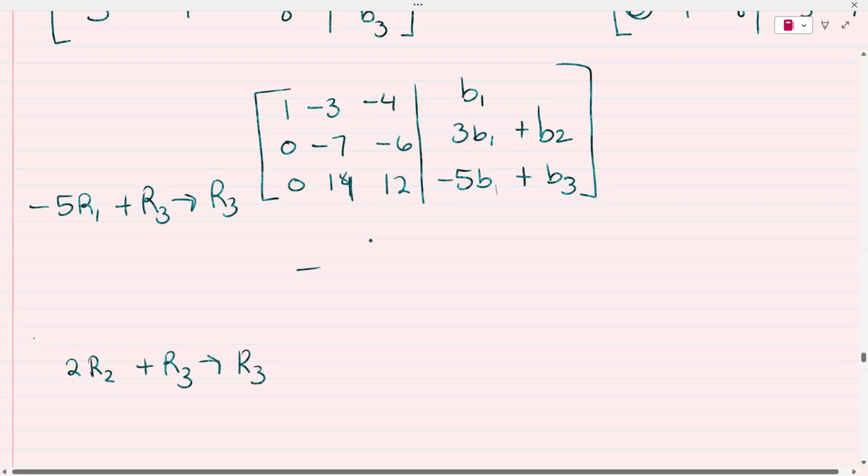When you do all that, you get 0, 0, 0, straight line, and then you get B1 plus 2B2 plus B3.